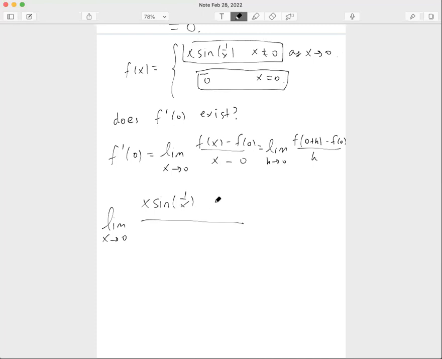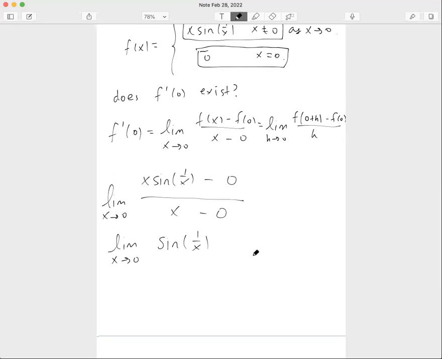Zero. Yep, so we have minus 0 over x minus 0. So what happens? The x and x cancel out. Correct, so I just have sine of 1 over x left over.